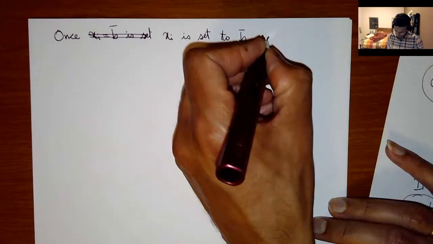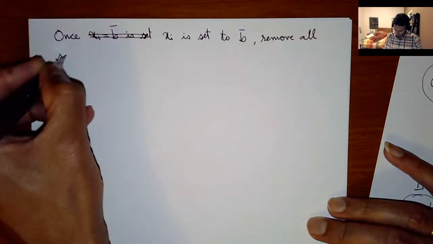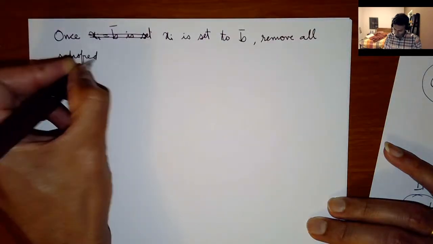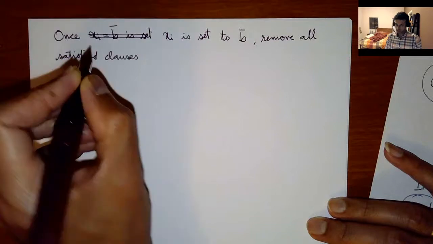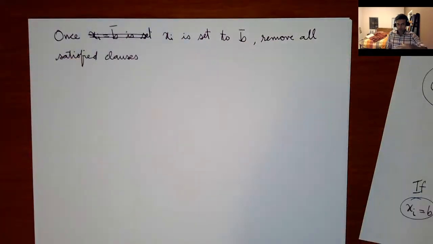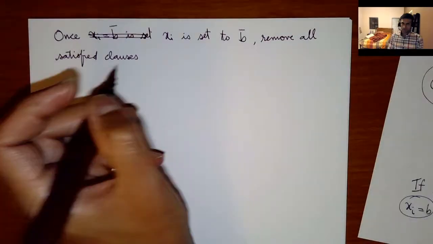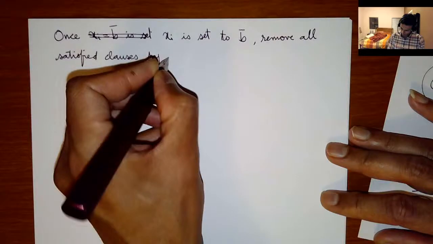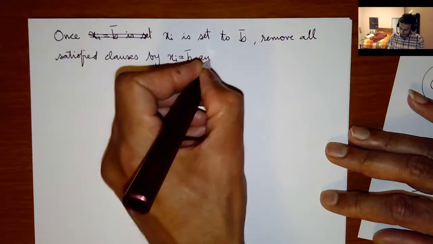Remove all satisfied clauses. These are the ones satisfied by xi equal to b and its implications.